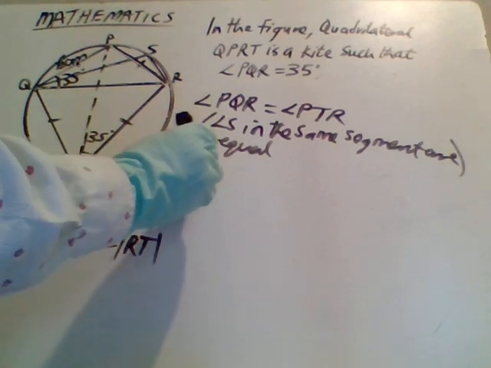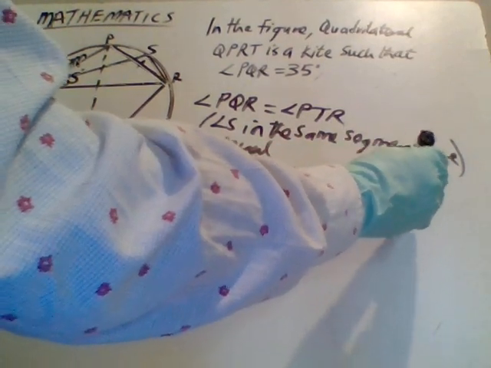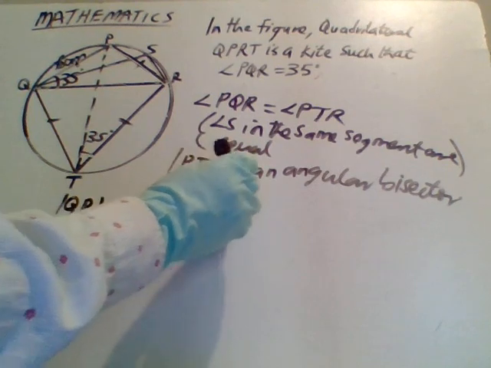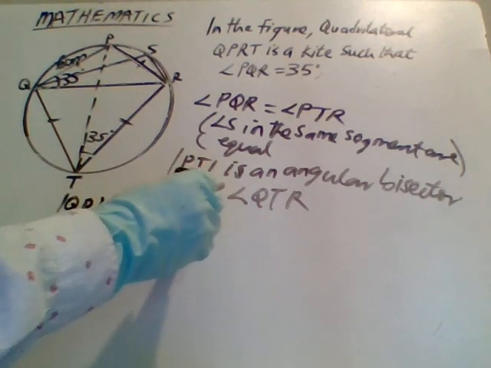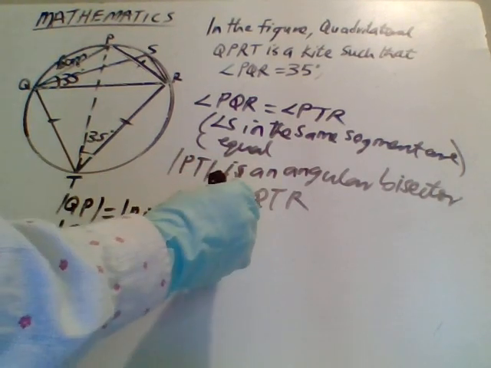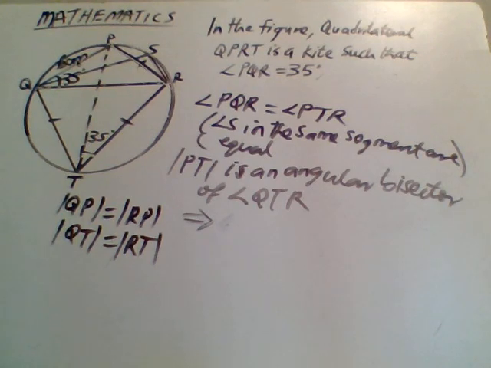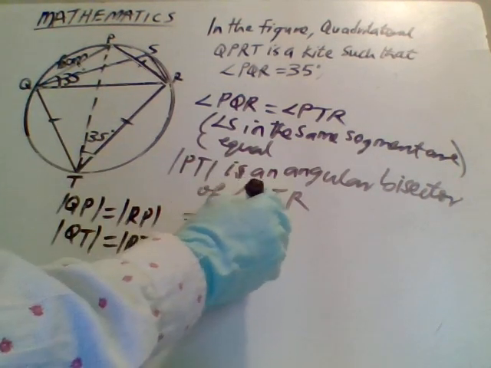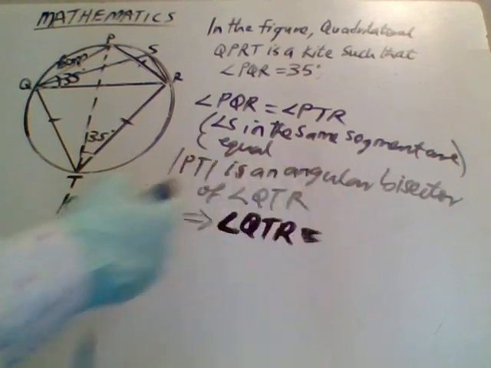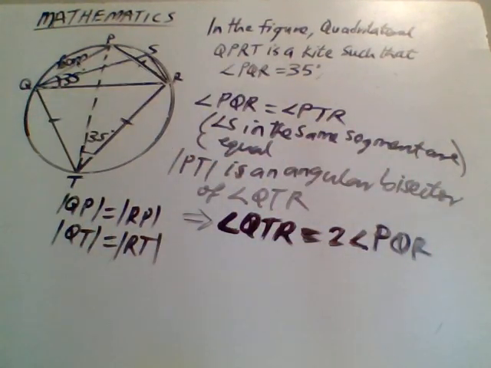And because line PT is an angular bisector of angle QTR, this implies that angle QTR is equals to 2 angle PQR, which is also 2 angle PTR.